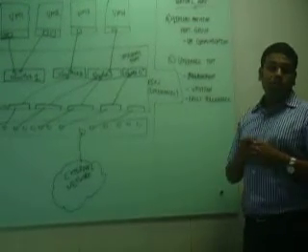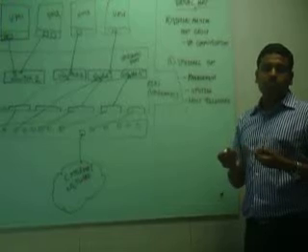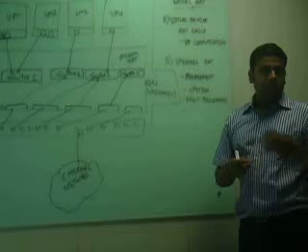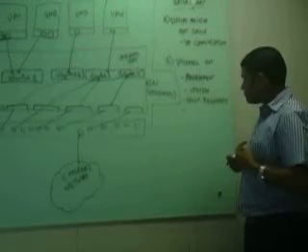So we've got fault tolerance. It's a feature wherein you have a critical VM and you don't want to lose access to the VM even if the host that's running it fails.